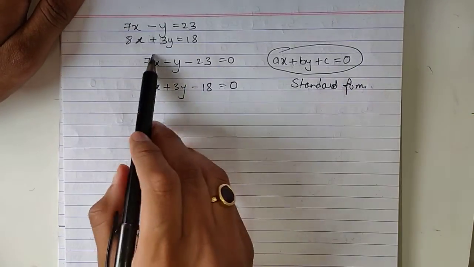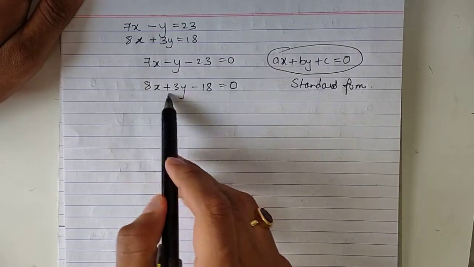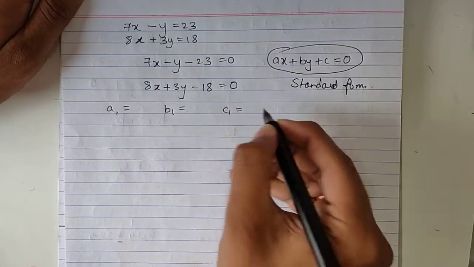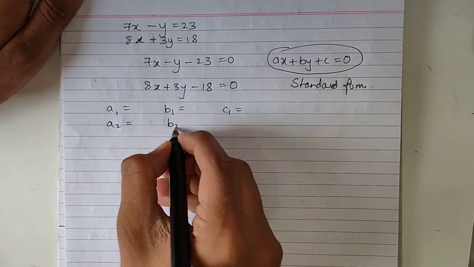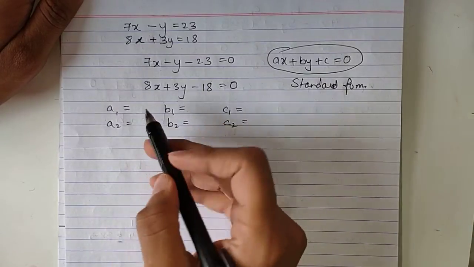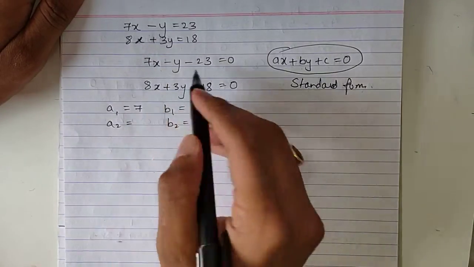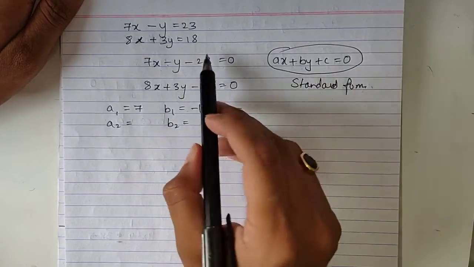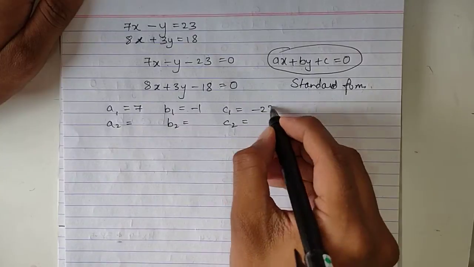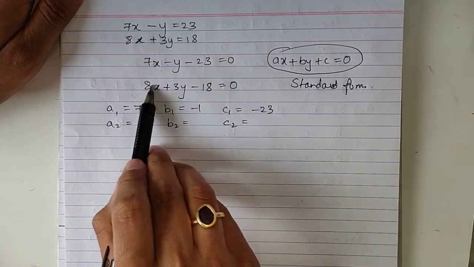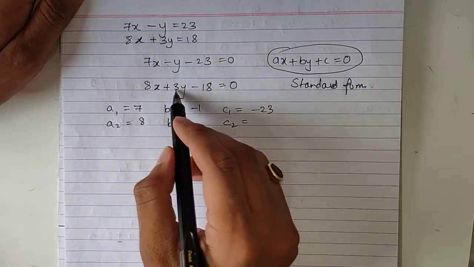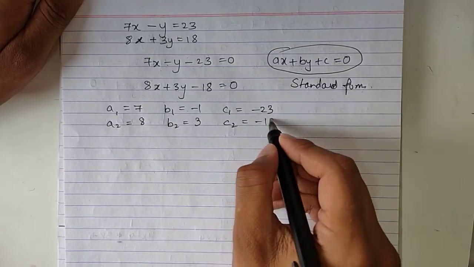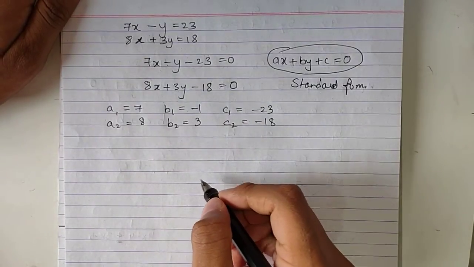Once this is done, this is A1, B1, C1, A2, B2 and C2. So I'll write their values. What is the value of A1? 7. B1 is minus, there is no number so it is 1, so minus 1, and C1 is minus 23. A2 is 8, B2 is 3, and C2 is minus 18.